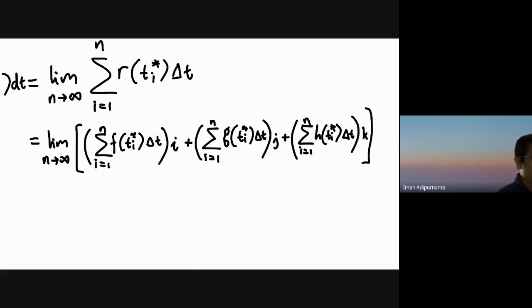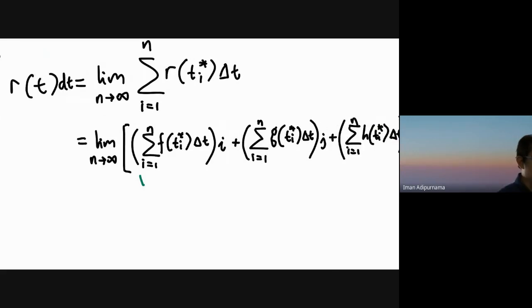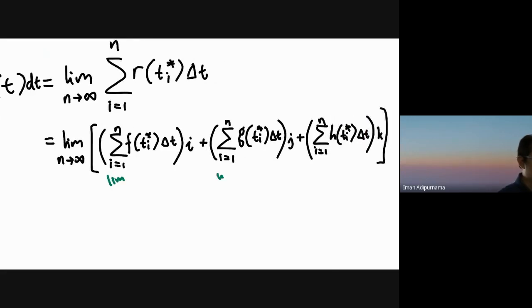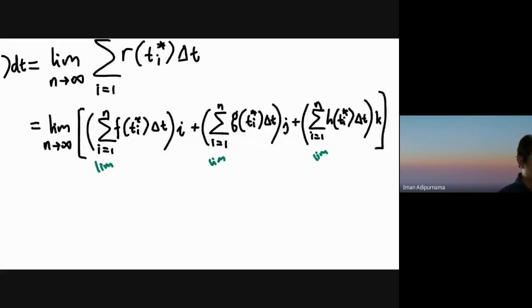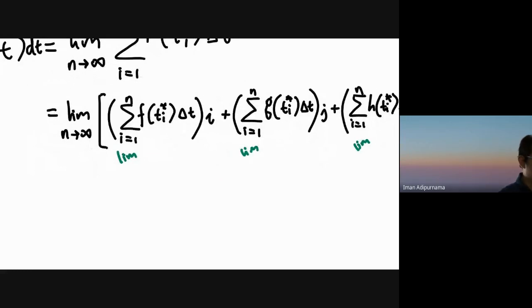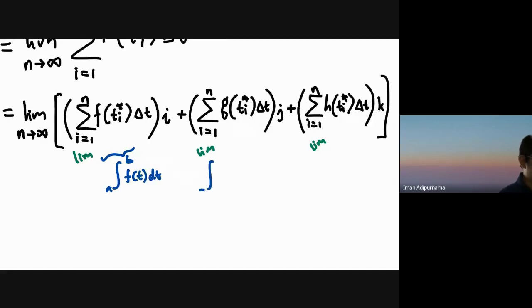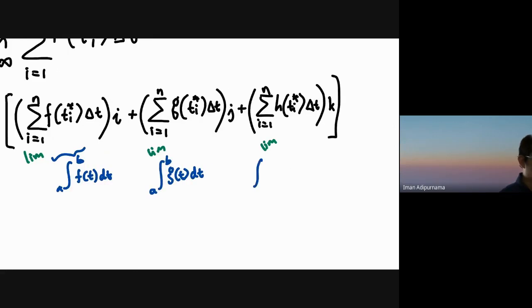If we take all with the same limit, right? So we're taking the limit here and this one. Basically this becomes the integral from a to b of f dt, this is the integral from a to b of g dt, and this one becomes the integral from a to b of h dt.